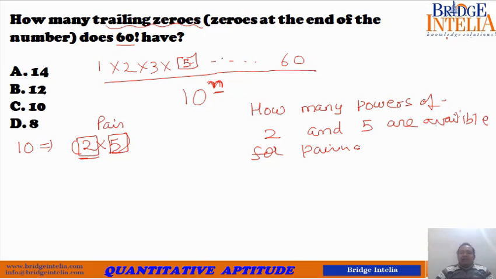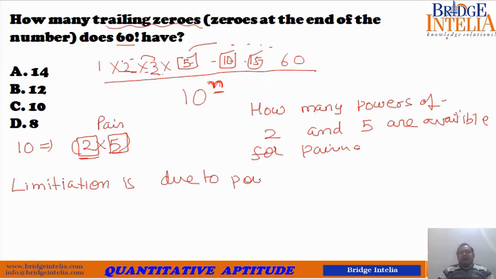Now consider here, there are limited numbers of multiples of 5, but sufficient number of multiples of 2. So the limitation is due to powers of 5. So it is useless to count how many powers of 2 are available.